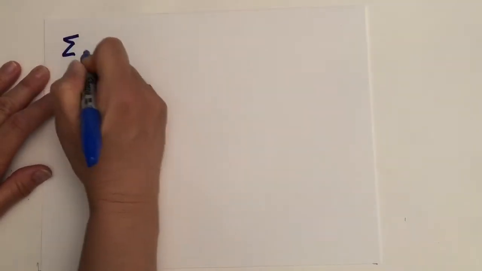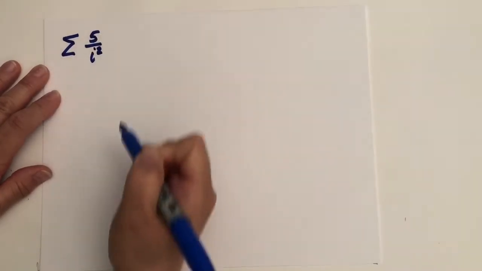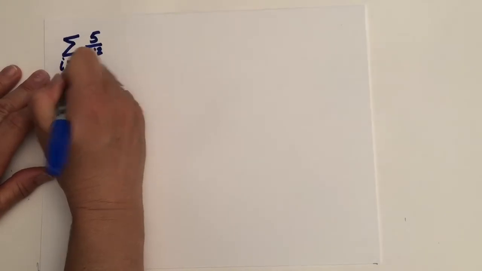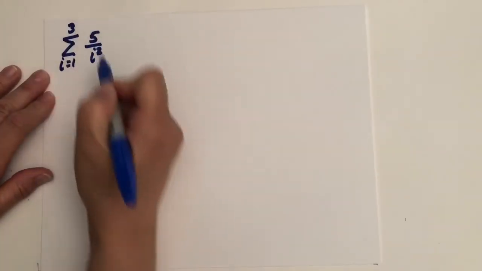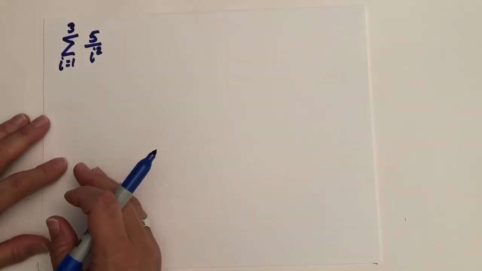Let's find the sum of 5 over i squared with i starting at 1 and finishing at 3. So for i equals 1 to 3.